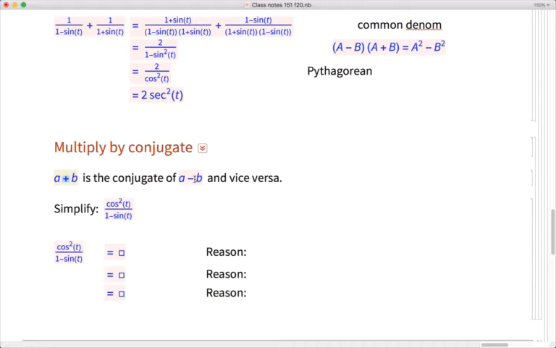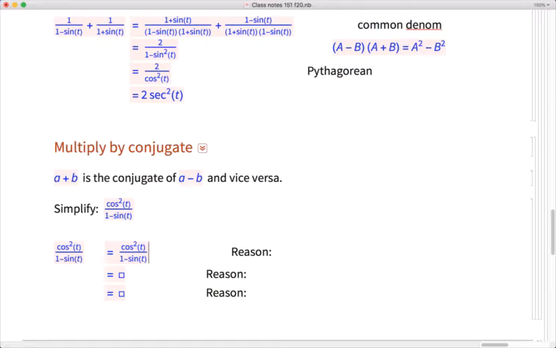So whenever the sign switches on this sum, the things are called conjugates of one another. So this is sometimes hard to do on your own. Sometimes I might give you a hint to consider doing this, but just to see how this helps, we're going to simplify this expression by multiplying top and bottom by the conjugate of, in this case, the bottom.